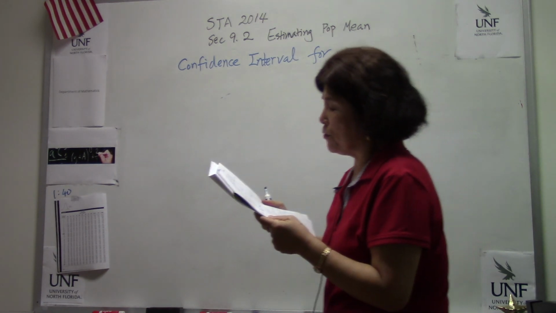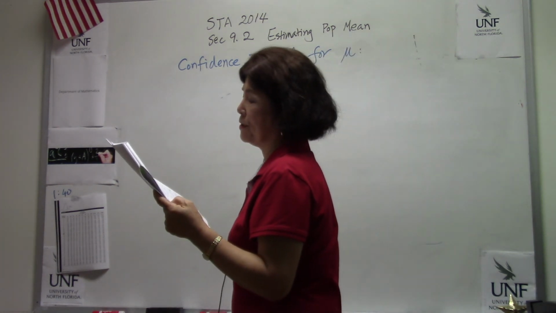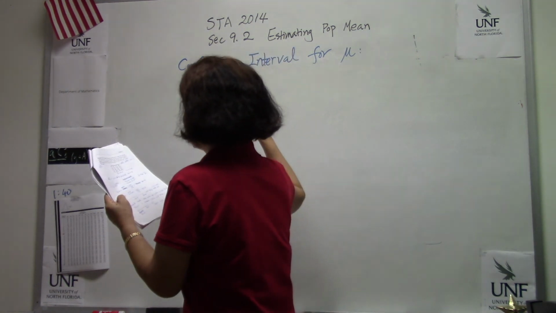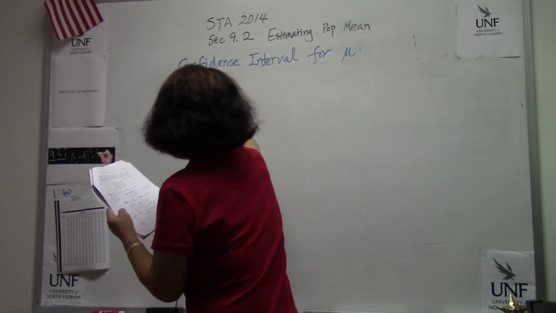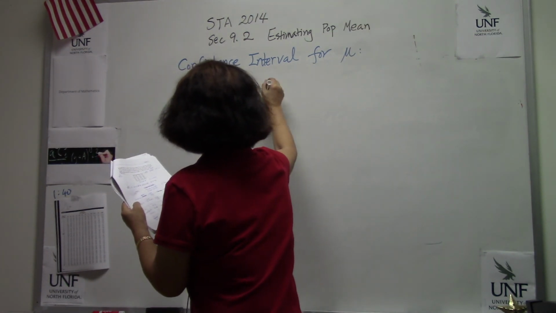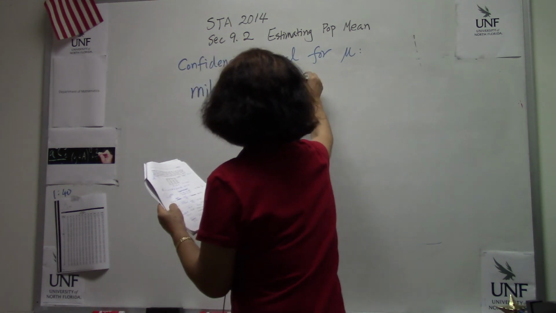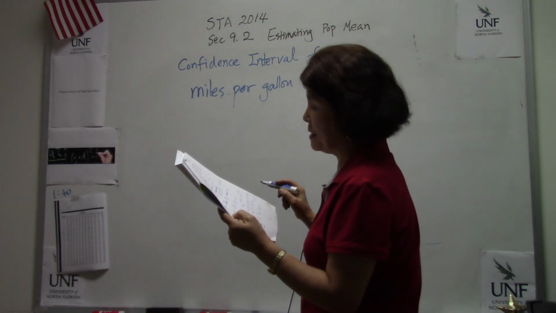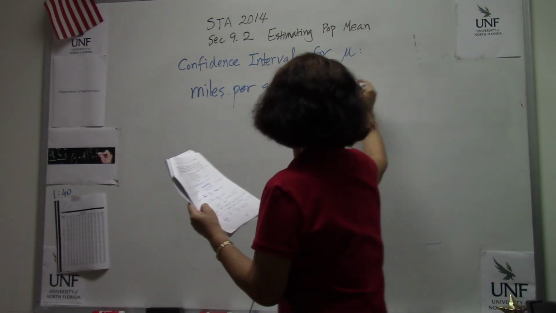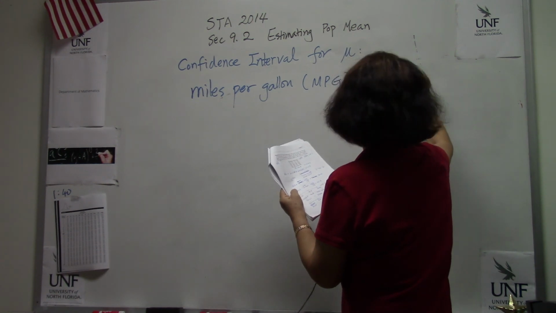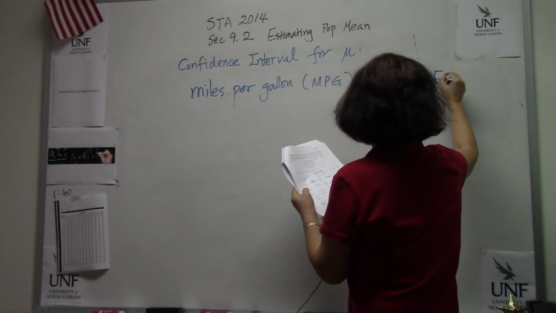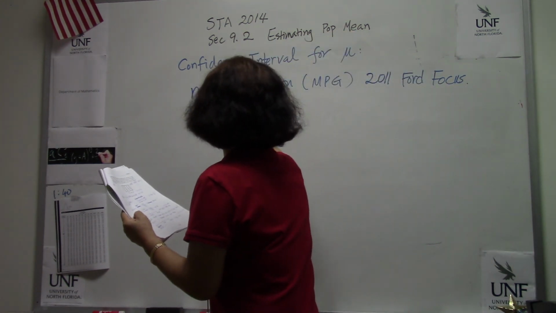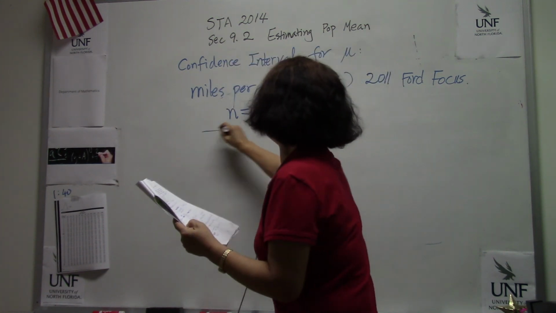The website fueleconomy.gov allows drivers to report the miles per gallon of their vehicle. Oftentimes we say MPG. Here, MPG is for 2011 Ford Focus automobiles, with n equals 16, and we have values over here.